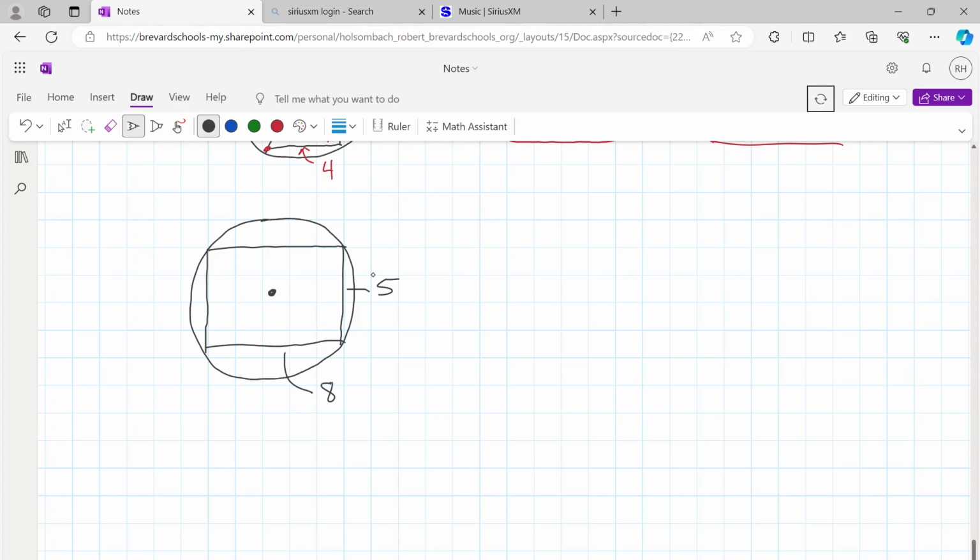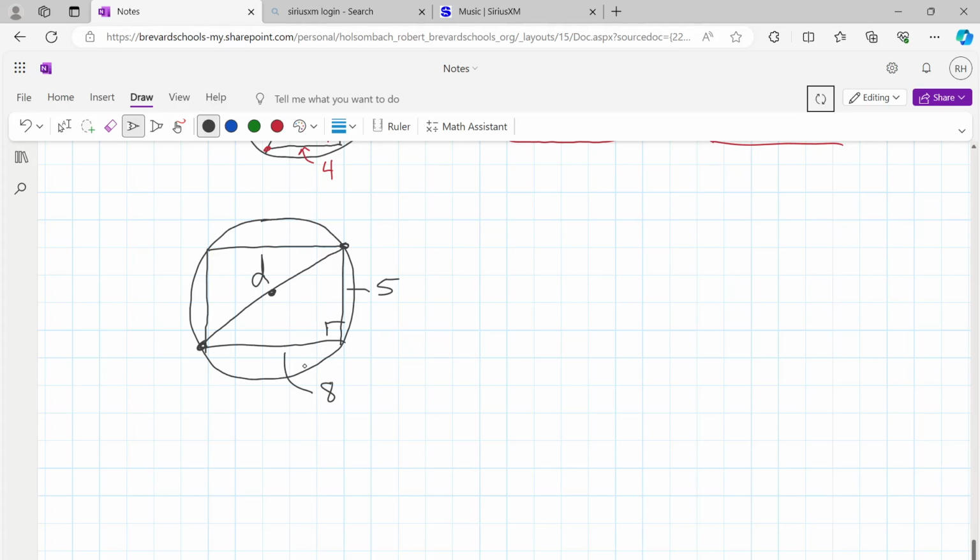Well, in this case, if this rectangle is inside the circle, you've got to add a line. You've got to put a diagonal right through this rectangle. And that diagonal is going to represent the diameter. And since this is a rectangle in here, we've got another right triangle. We're looking for this diameter again.